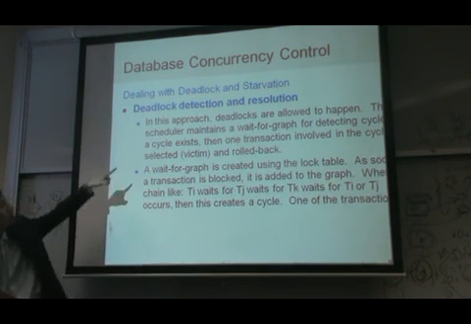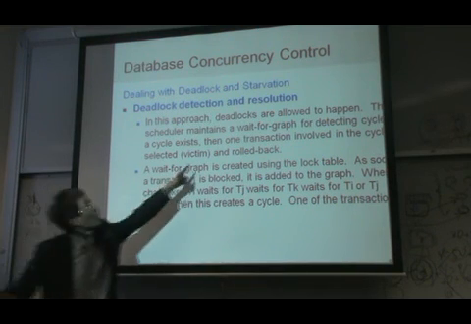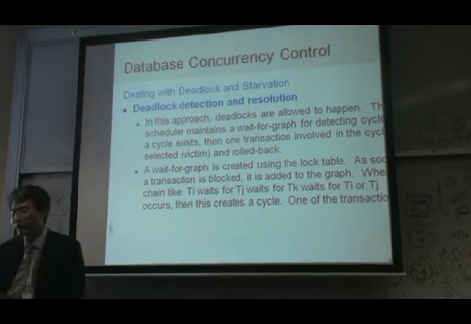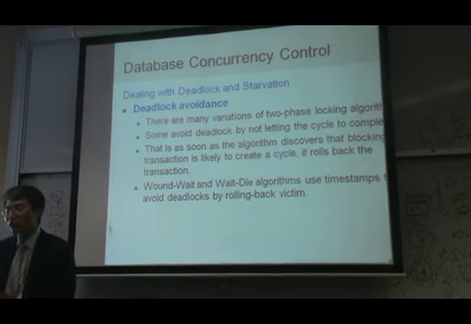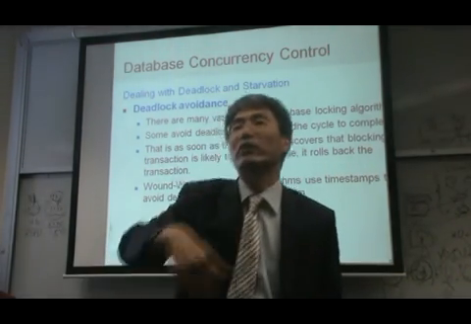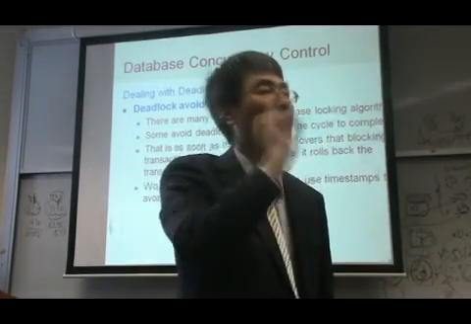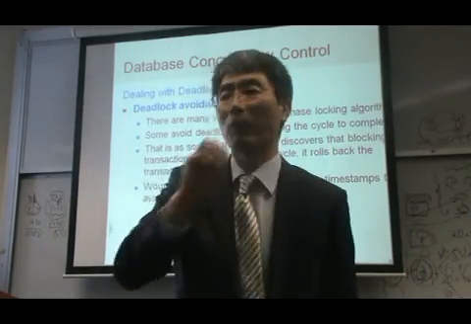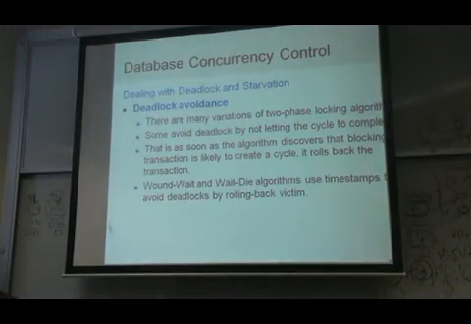Deadlock detection is when the deadlock has already happened, so you detect and resolve that problem. Deadlock avoidance is for each operation, you need to check whether there exists a circle or not.